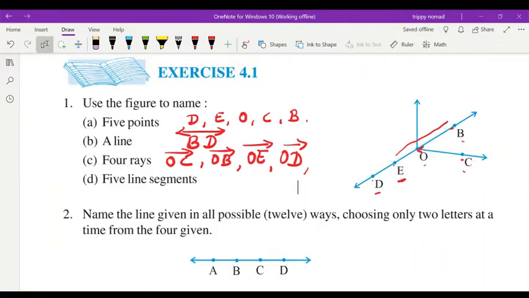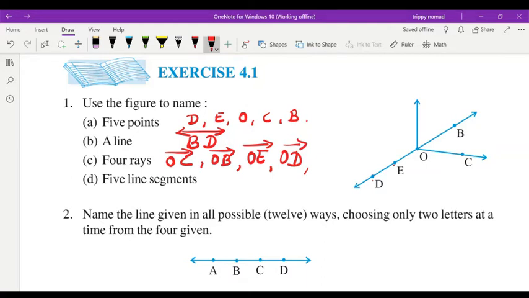Now you see 5 line segments. I am writing the first question for you so that you will understand how to write the ray, point, line segment, everything. How many line segments are drawn over here?